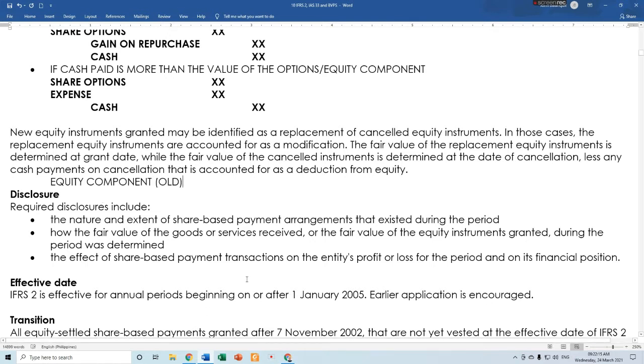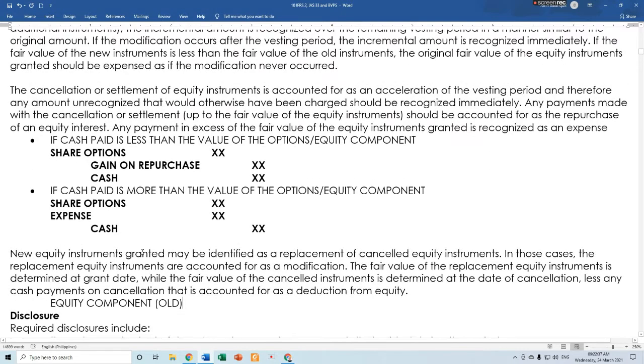Ayun, no? So sabi doon, the fair value of the replacement equity instrument is determined at grant date, while the fair value of the cancelled instrument is determined on the date of cancellation less any cash payments on cancellation that is accounted for as a deduction from the equity. Wala namang issue dyan kasi ang mangyayari, kung kunyari walang payment, kasi yung payment, ganito naman yung mangyayari eh.